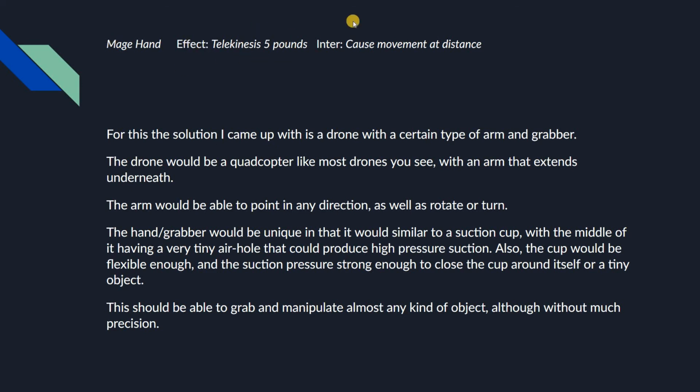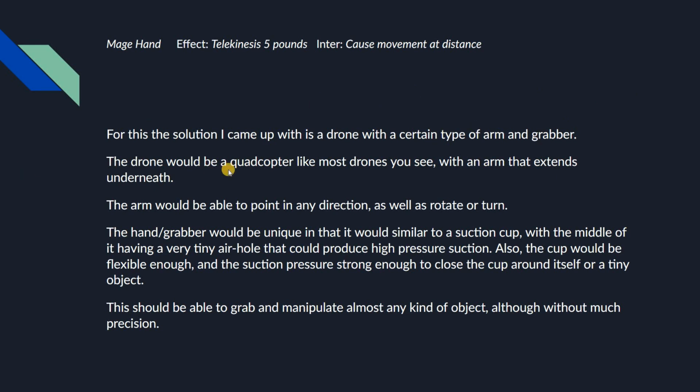Mage Hand, you cause movement at a distance of up to 5 pounds. So you're basically lifting and moving objects of up to 5 pounds at a distance. So you're not actually moving all the way there yourself. So I came up with a drone with a certain type of arm and grabber.